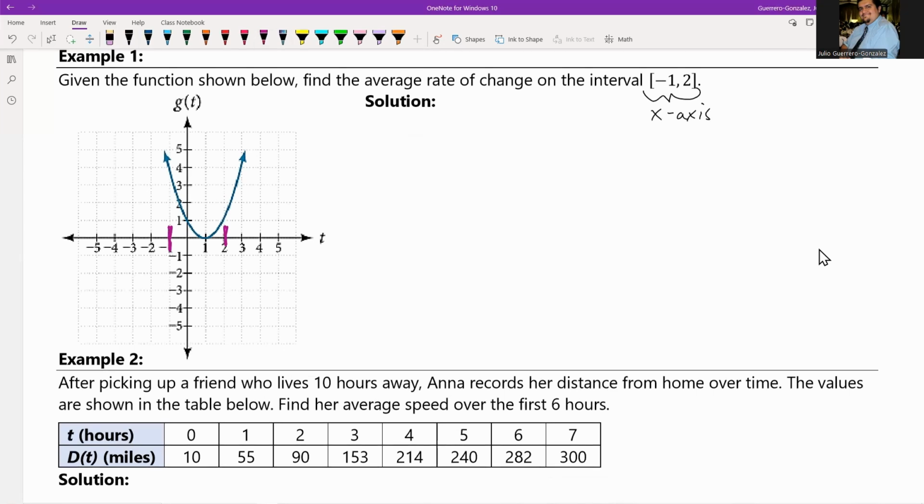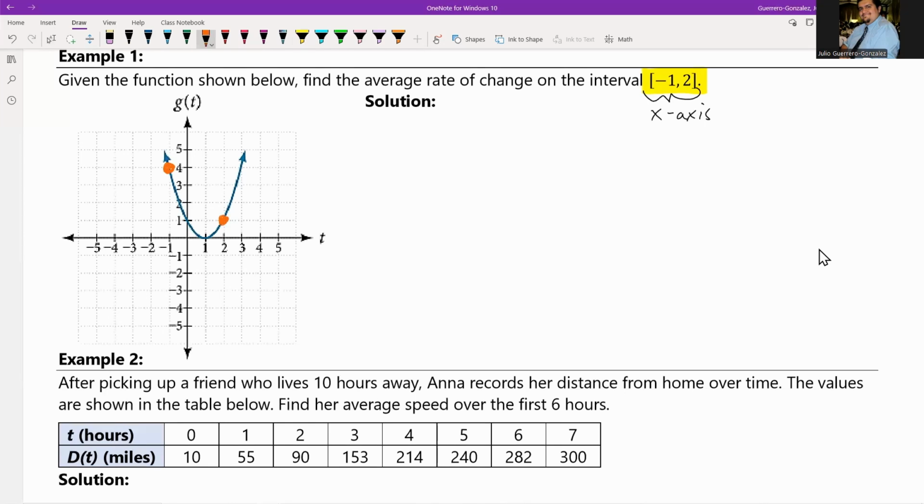These two values on the x-axis tell me my two x values that I'm going to be looking at. So this is -1. It's going to be this point right here. Let me do that nice little orange color so it stands out a little bit. All the way to 2, all the way to this point right here.